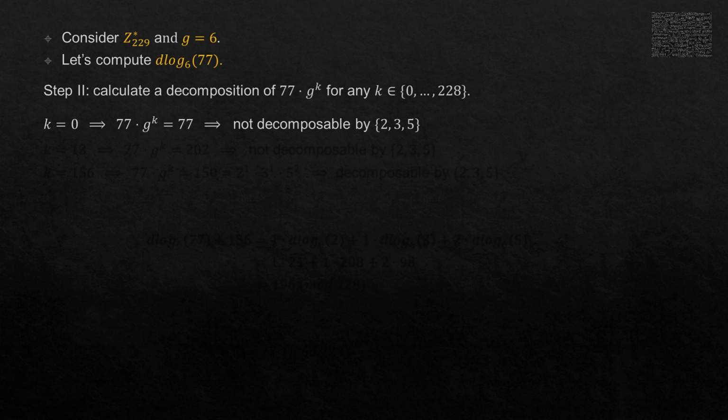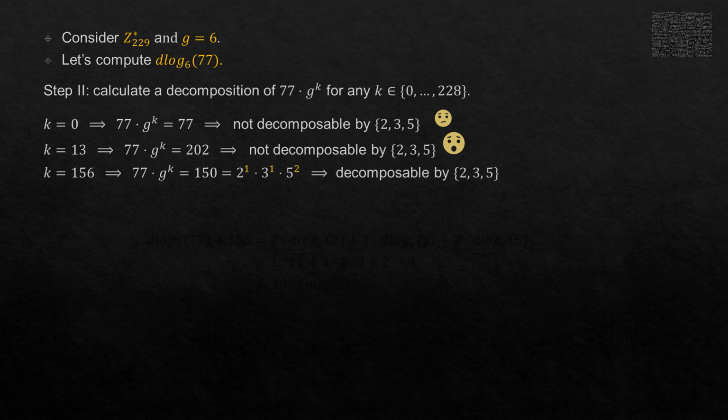If we take k equal to 0, then we get again 77, which is not decomposable. If we take 13, then we get 202, which is not decomposable. And we have to keep guessing. And if we take 156, it turns out that it's equal to 150, which is decomposable. That's great.